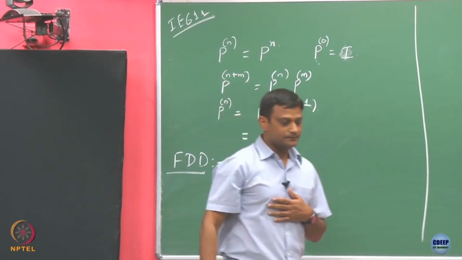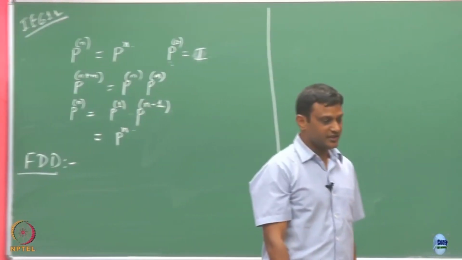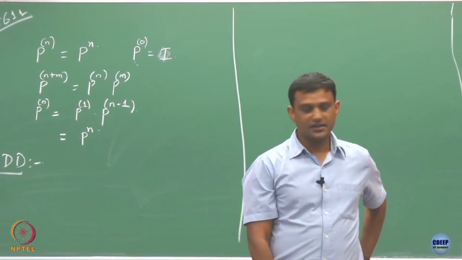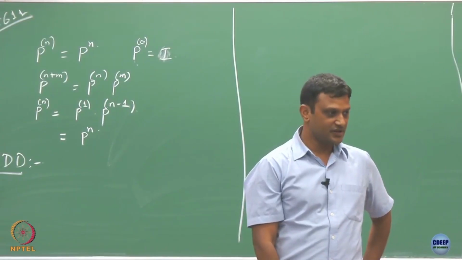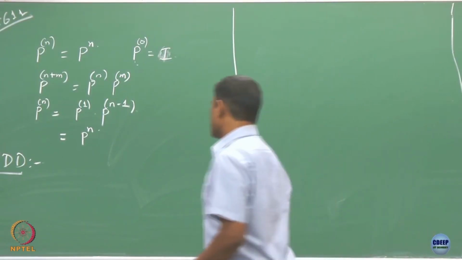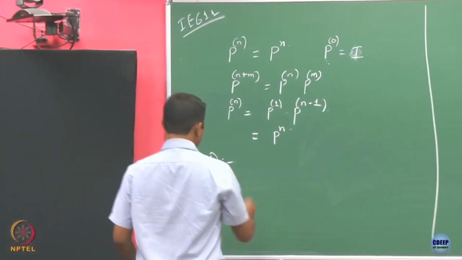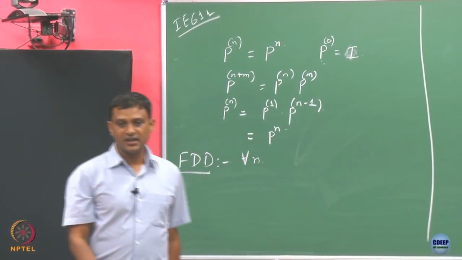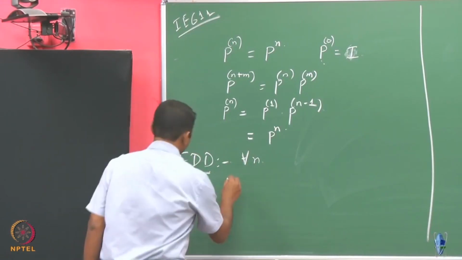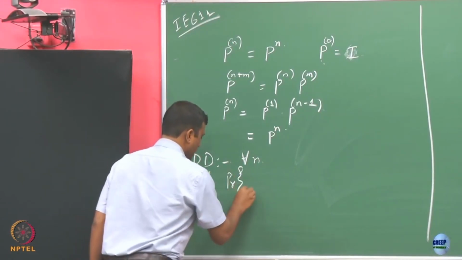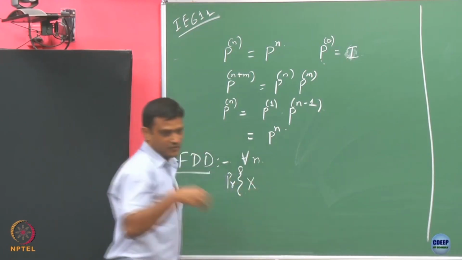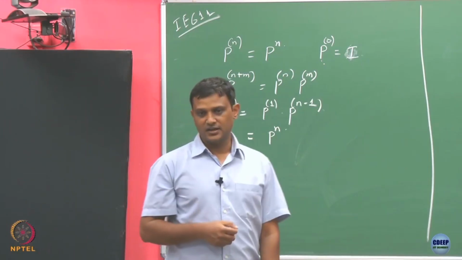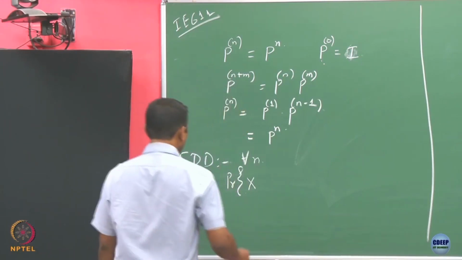We said that to completely characterize a stochastic process, I need to give its finite dimensional distributions. That is, for any m, if it is a discrete time process, I need to characterize joint probabilities of this format, assuming that I am looking at discrete random variables.